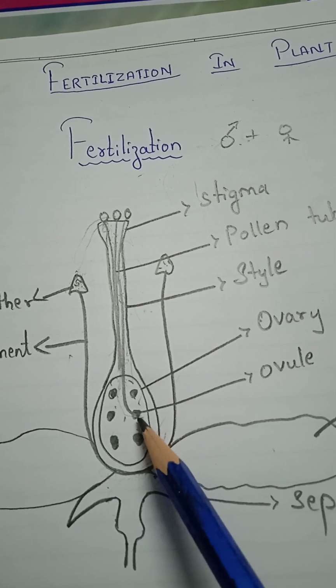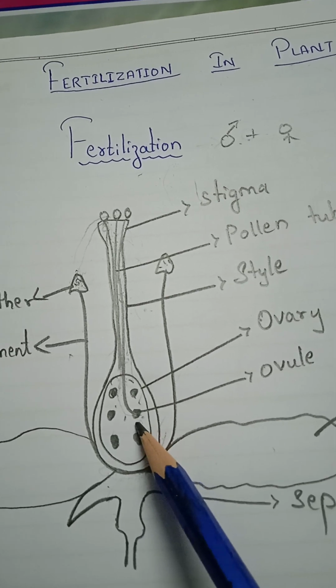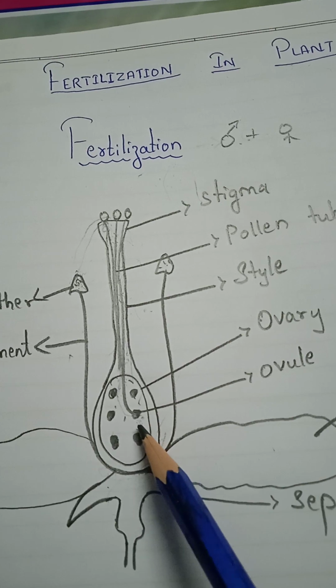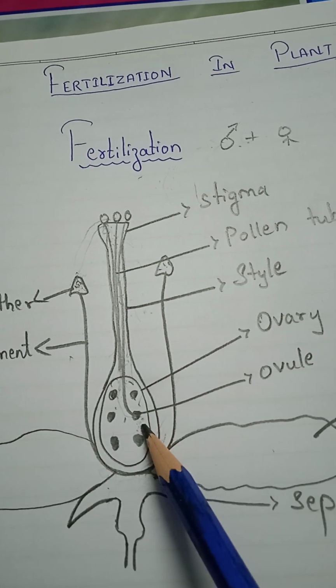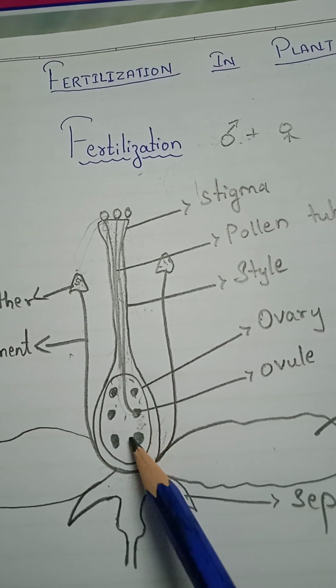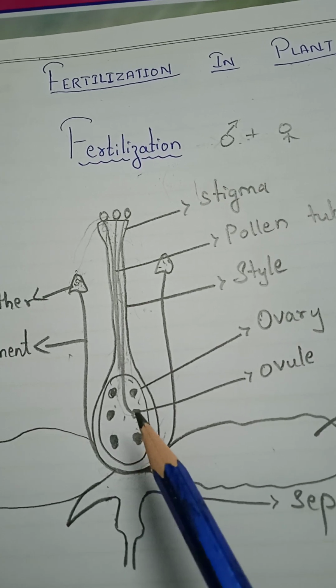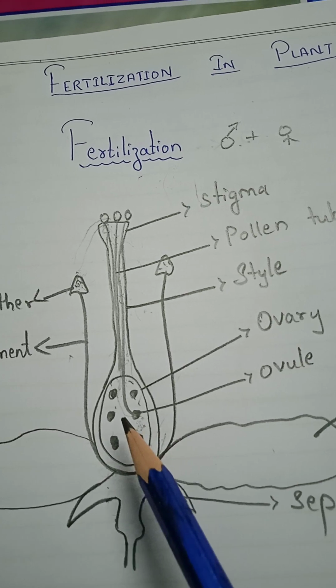The ovule contains the female reproductive cell, and this fusion results in the formation of a zygote, the fertilized female reproductive cell.